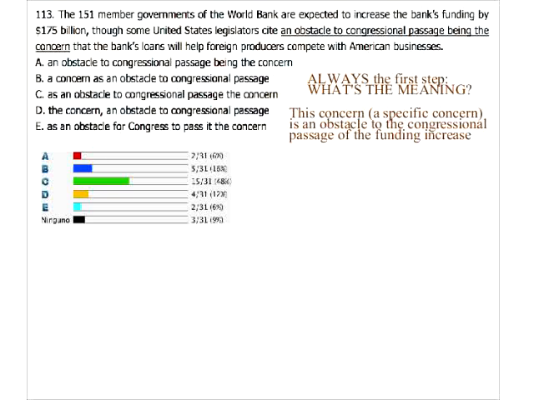So that's the point. There's a couple of things you want to notice here. It's one specific concern that's the topic of the sentence.